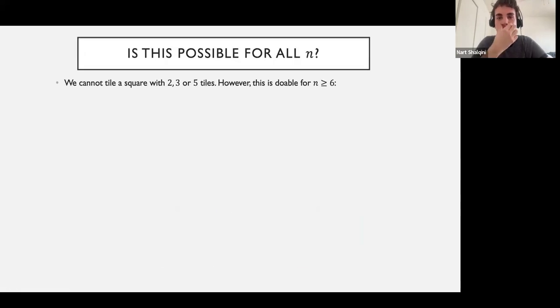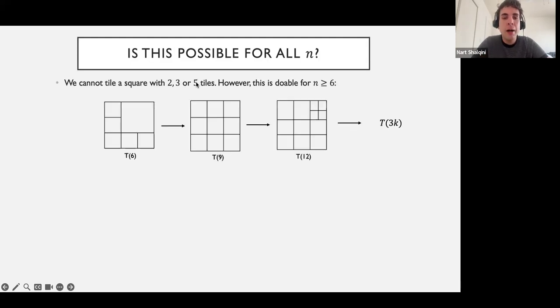It's not immediately straightforward whether we can tile a given square with n smaller squares. But it turns out that this is true for n greater than 6. And it's obvious, I suppose, after a little thinking that you cannot do this with 2, 3, or 5 tiles. The proof is basically an induction proof.